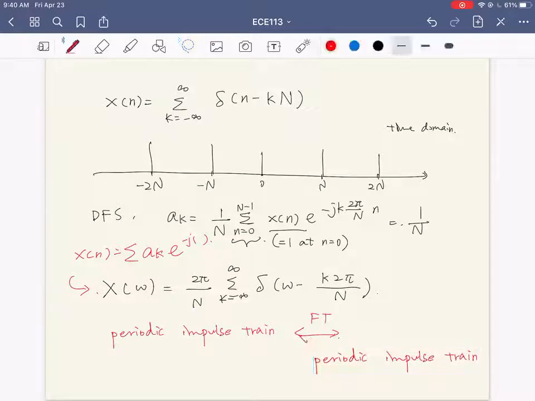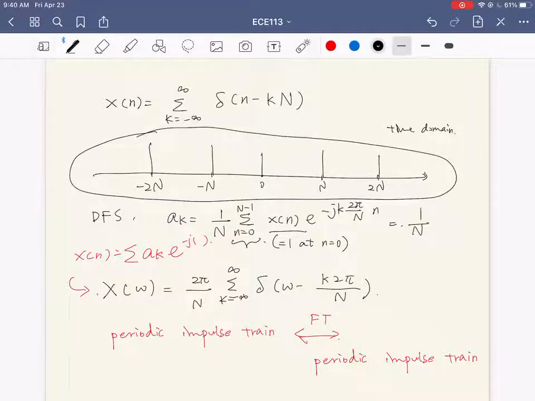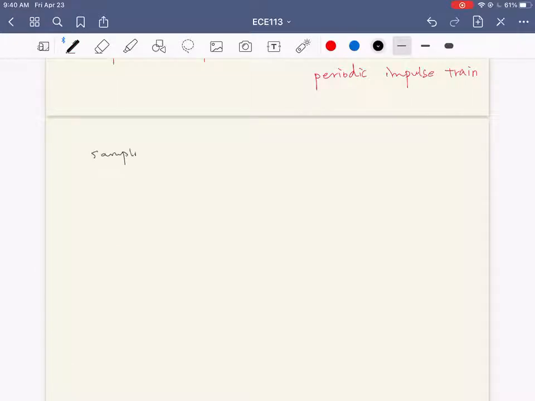And this basically reveals the intuition that when you sample in one domain, you get a periodic result in the other domain. It is equivalent to saying that when you sample something in one domain, you multiply an impulse train with that signal, right? So sampling basically means you multiply a signal with the train.